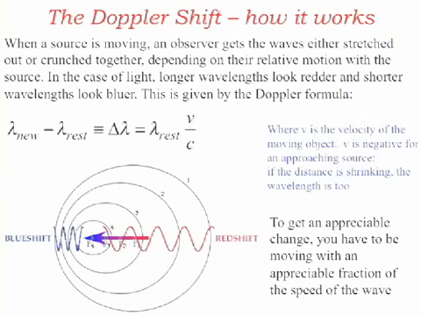If you're really going to make a substantial change, you have to be moving at a good speed, some fraction of the speed of light. How does that happen? Well, we'll talk about it in the course. Now, this is an incredibly useful tool in astrophysics, and I'll show you why. Examples, hold on.